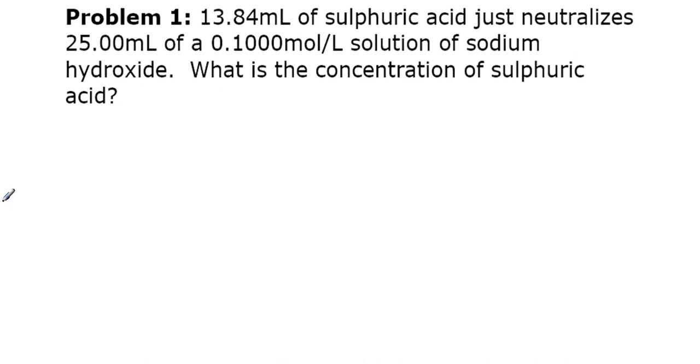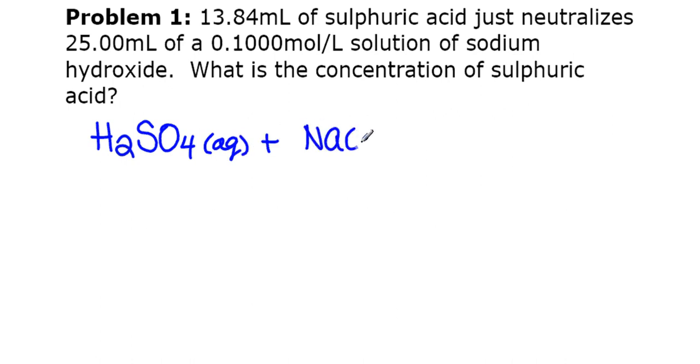Whenever you hear a reaction taking place, you need to have a balanced chemical equation. So again, this is one place where you're going to see your acid nomenclature come back, so you need to be comfortable with that. Let's write the balanced equation first. Sulfuric acid is H2SO4. It's going to react with sodium hydroxide, NaOH.